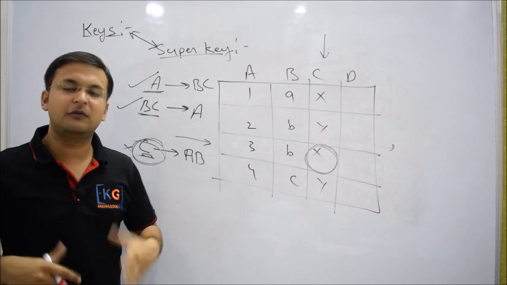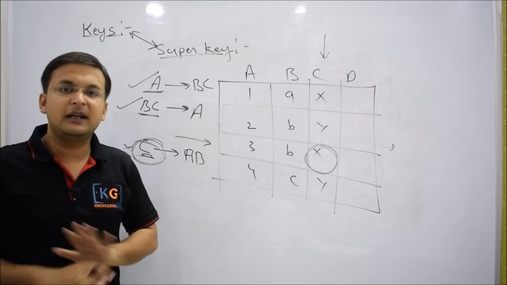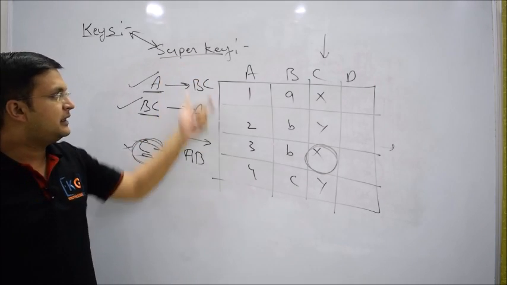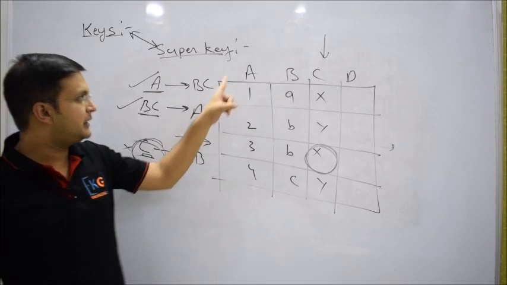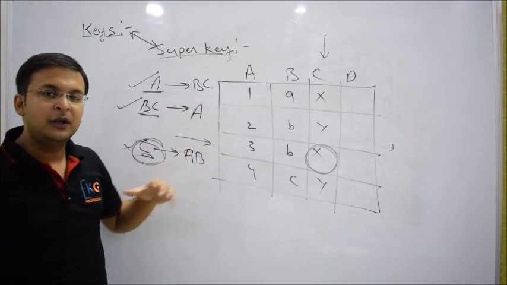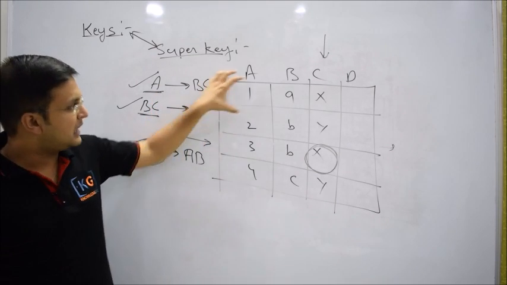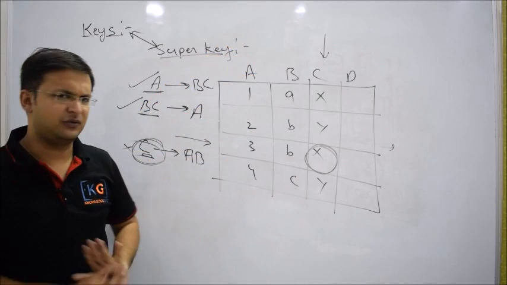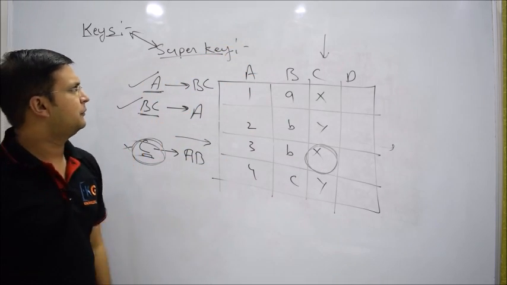So if somebody asks you what is a key or what is a super key, it means the question is the same. So what is a super key? Again, a super key is a set of attributes which may contain one or more attributes, using the value of which you can identify or select a row uniquely among the set of rows. That is it. That is the basics of super key.